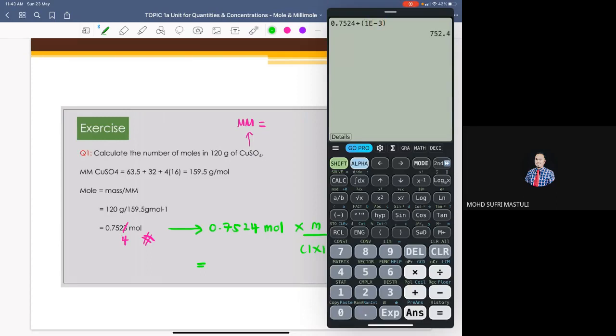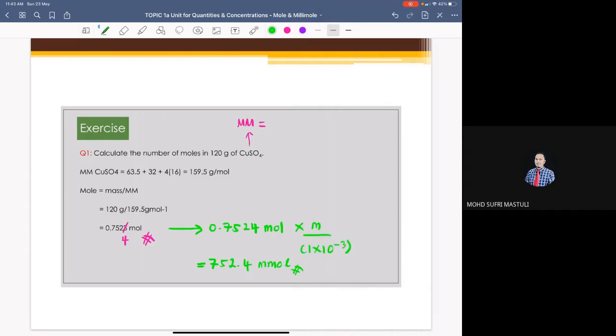So you can obtain 752.4 millimole. Okay, all right.